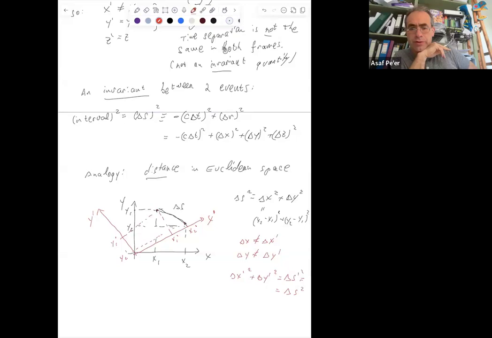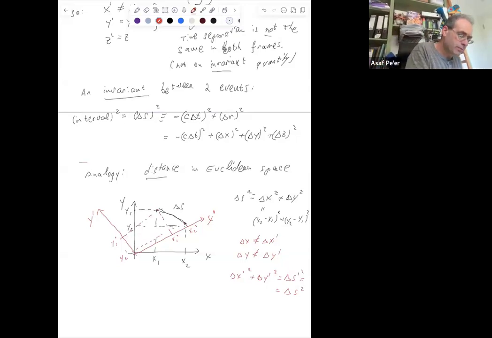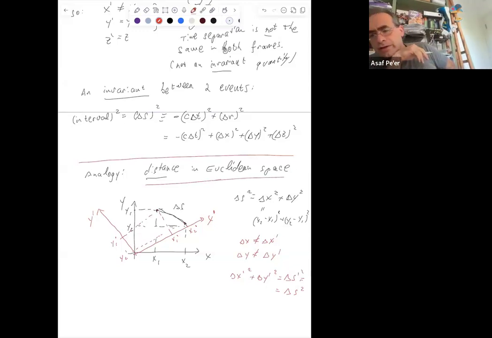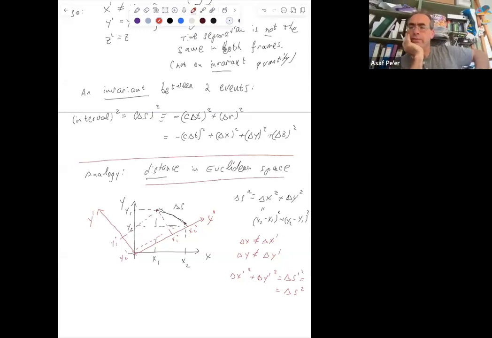So in Euclidean geometry, distance is invariant when I'm rotating the coordinate system. Again, there's nothing surprising; I'm not saying anything that you don't know already.